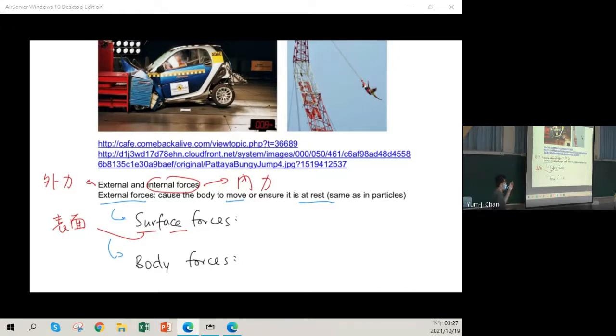Let me list all the forces. Let me write everything down before I explain things. Okay.